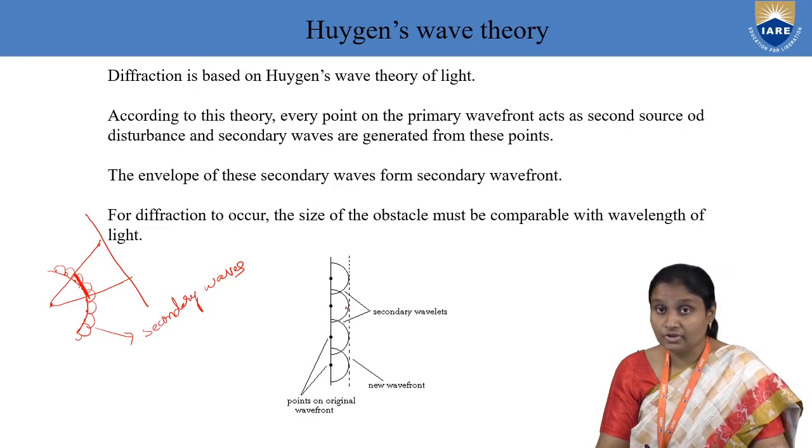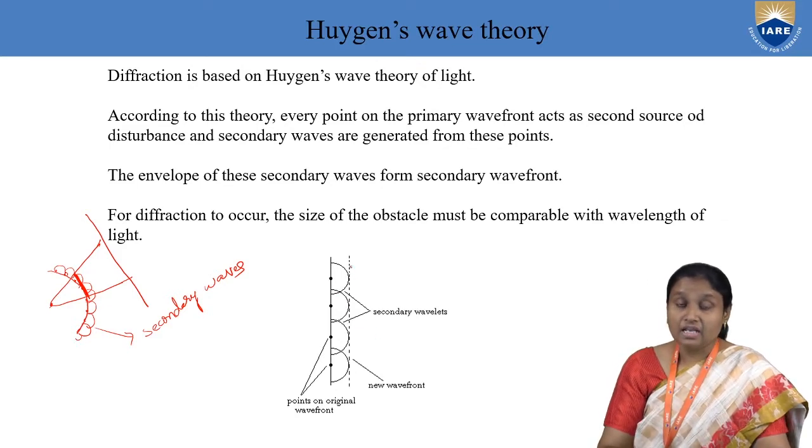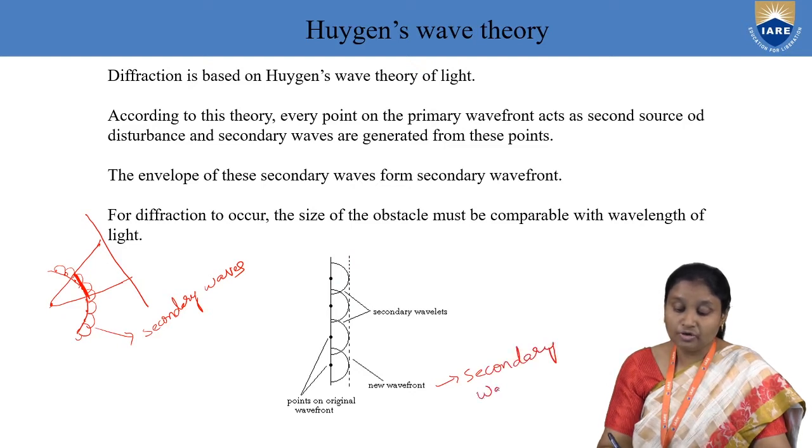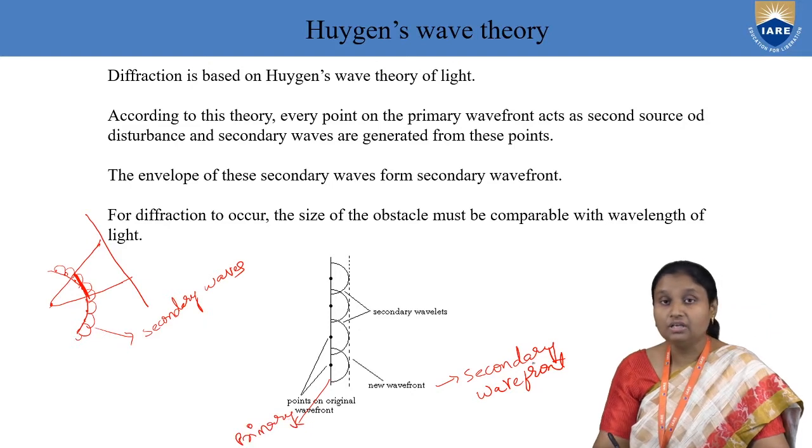The envelope of all these secondary waves gives rise to a new wavefront, called the secondary wavefront. So this is our primary wavefront, whereas this is our secondary wavefront.